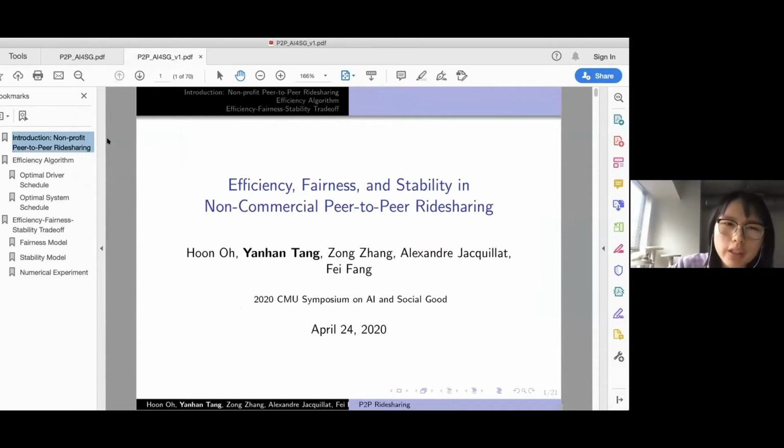So first of all, I would like to give you a brief idea of what P2P ride-sharing is. I believe ride-sharing is not new to us, and we all know some commercial platforms such as Uber and Lyft, but P2P ride-sharing platforms are different from those commercial platforms in three ways.